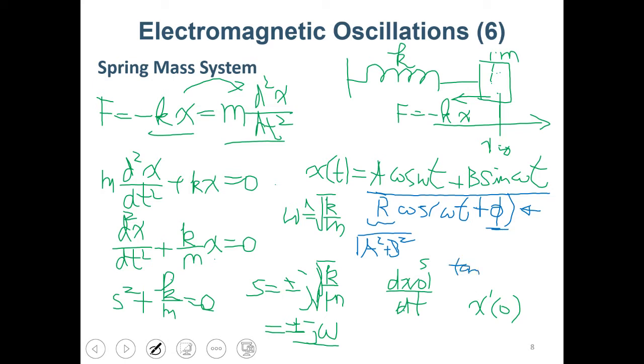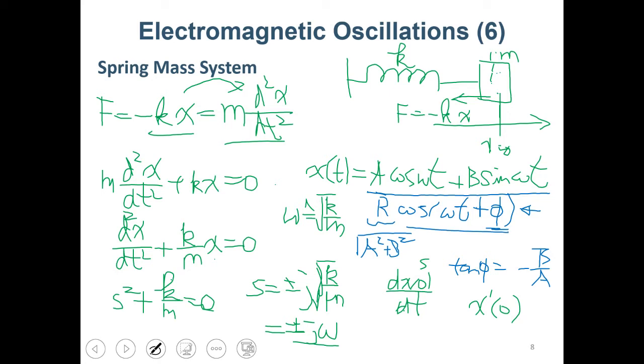And this is the phi, and actually tangent phi will be, I'm not sure, minus b over a, something like this, because we have a cosine.